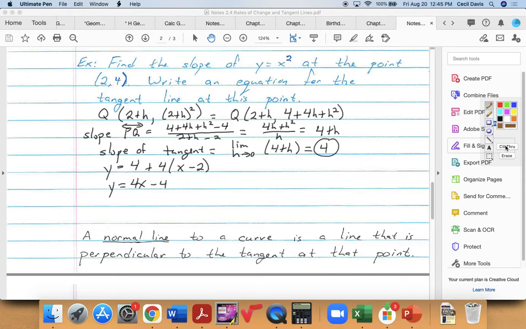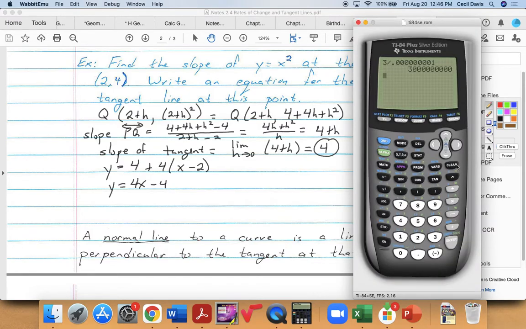What does this look like? Well, let's draw a quick graph. Clear that junk out. Y equals x squared, a pretty simple parabola, and y equals 4x minus 4. And let's do a zoom standard.